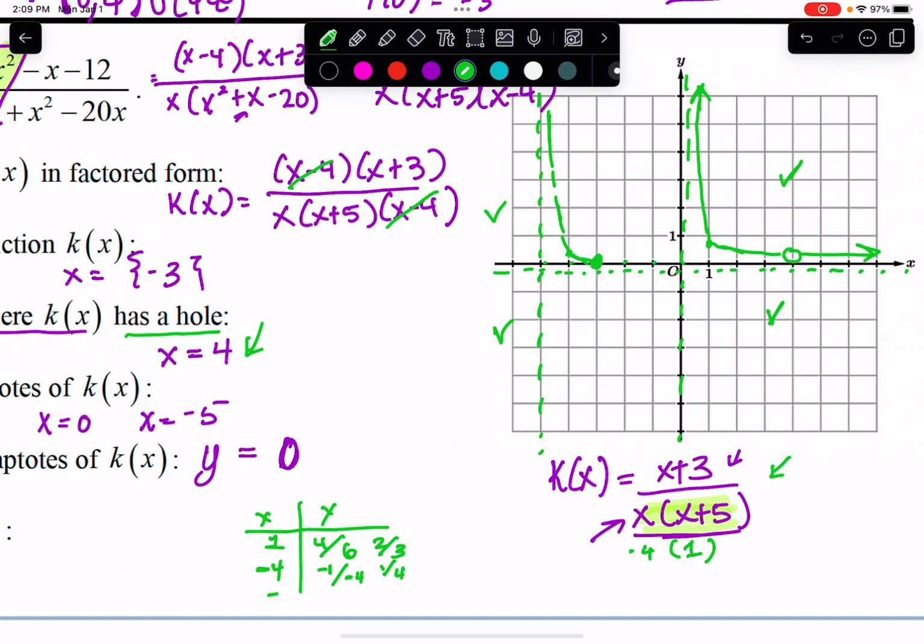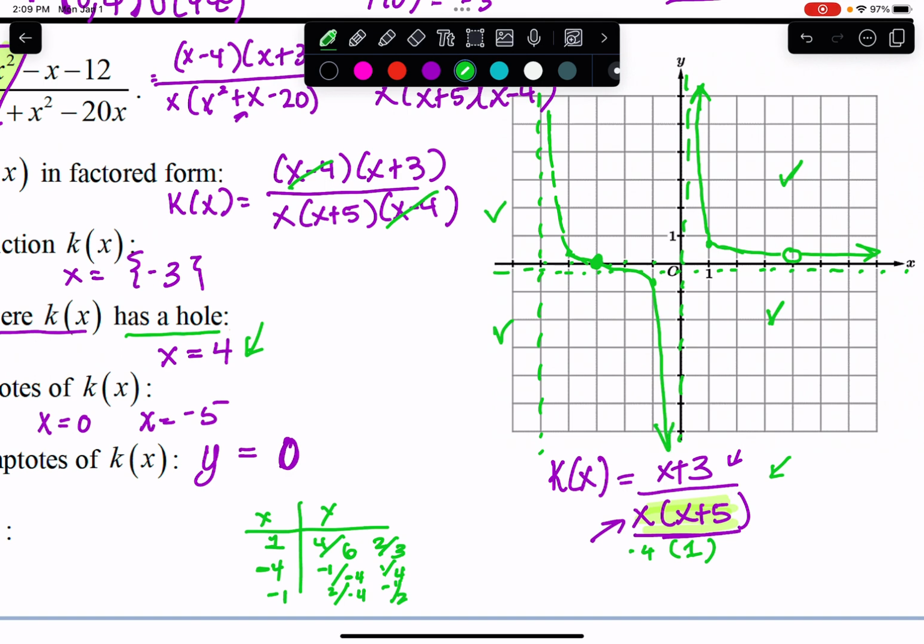If I test -1, I get 2 over negative times -4. So I get -1/2. So at -1, it was at -1/2. So there's my middle piece for this graph.